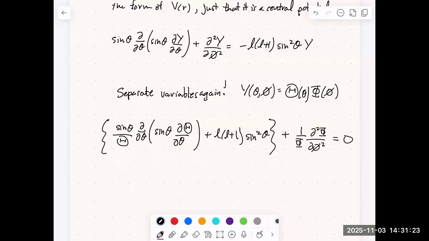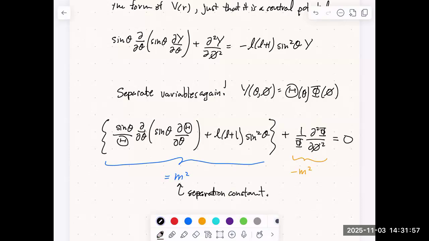Okay, so now we're going to define our separation of variables constant. I'm going to call it m squared this time. So we'll have m squared for the theta equation, and we'll have minus m squared for the phi equation. And so this is our separation constant.